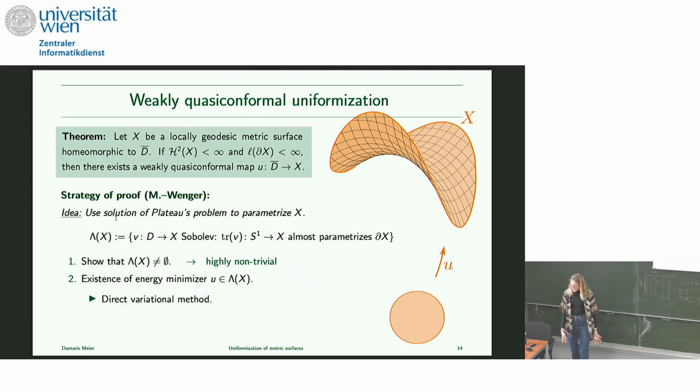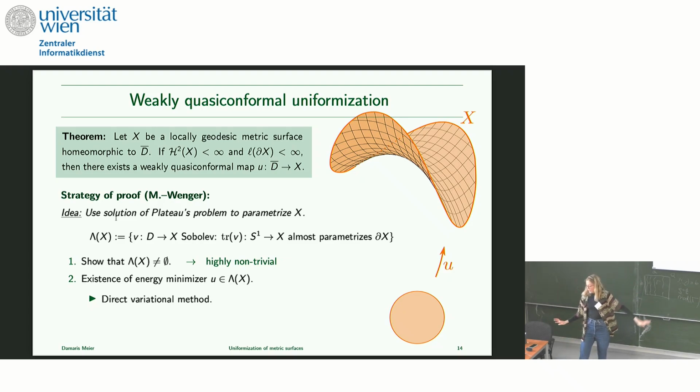And in the next step, one tries to show the existence of an energy minimizer in this set lambda of X, and that's a direct variational method. So we take an energy minimizing sequence, and we want that a subsequence converges, and the limit is again in the set.